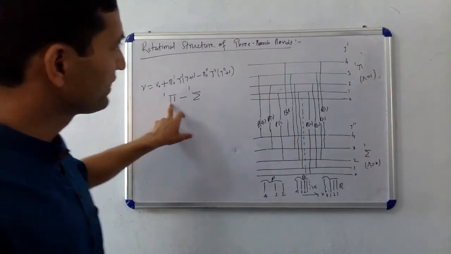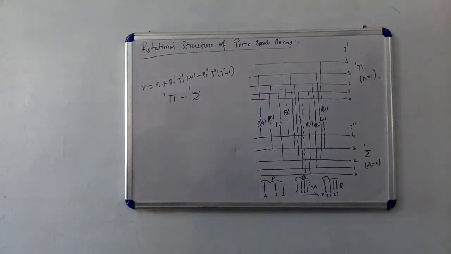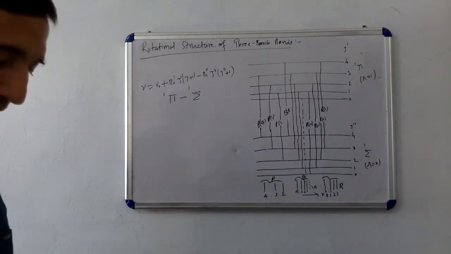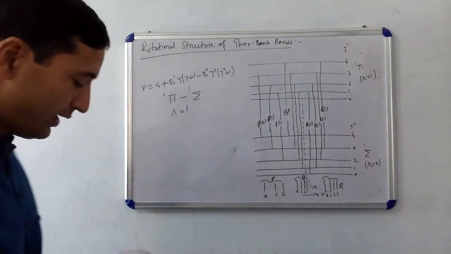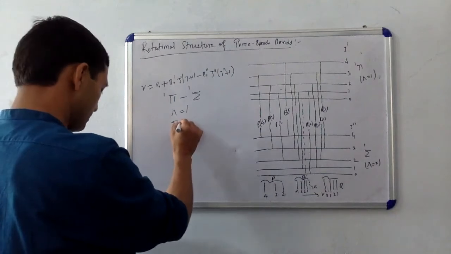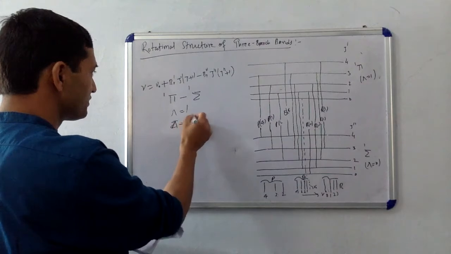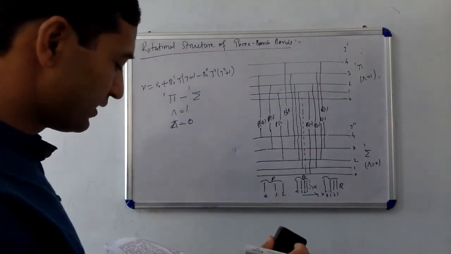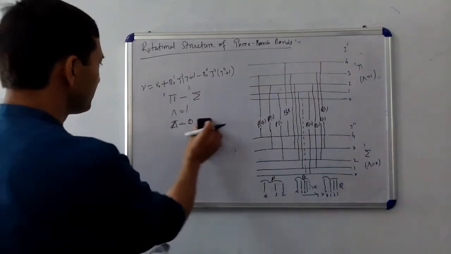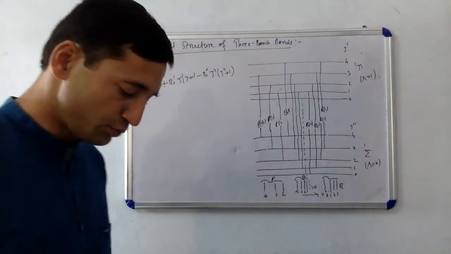For the upper electronic state, Π is an electronic angular momentum along the internuclear axis, corresponding to capital lambda equal to 1, while for the lower state, Σ, capital lambda is equal to 0. We are defining these with Λ equal to 0 and Λ equal to 1.